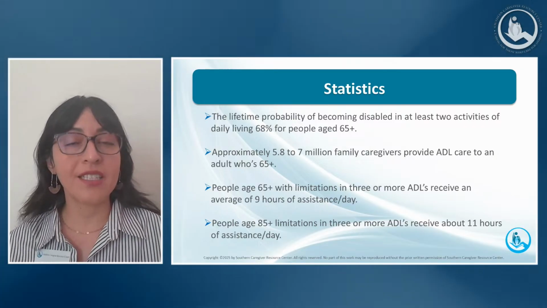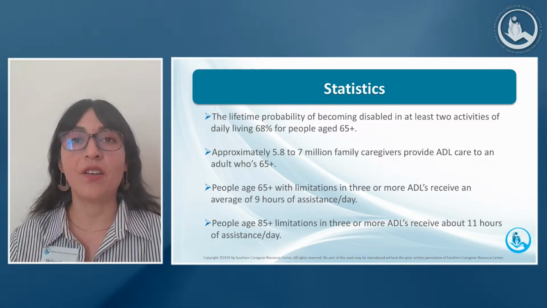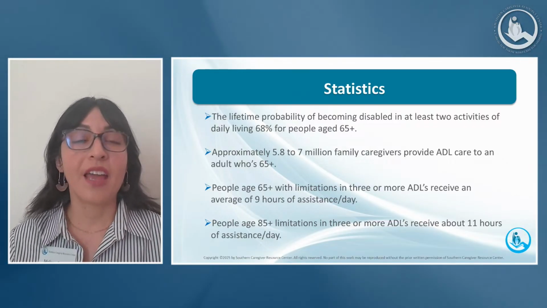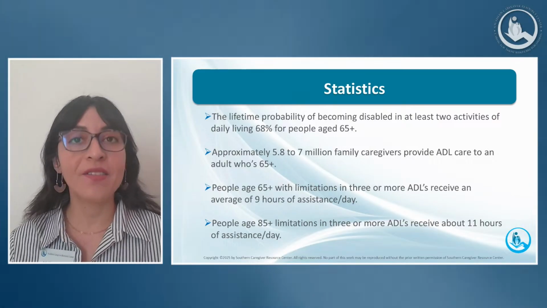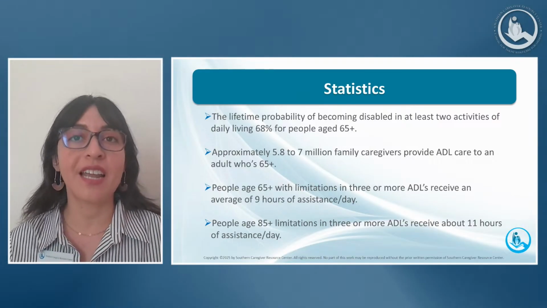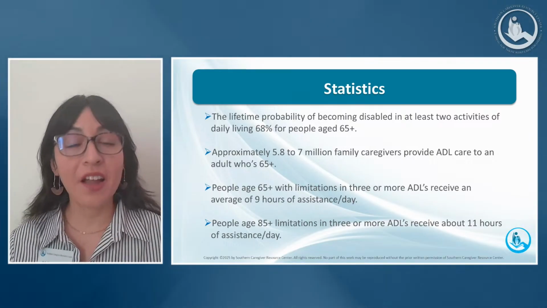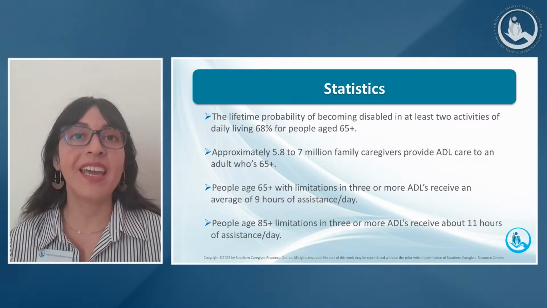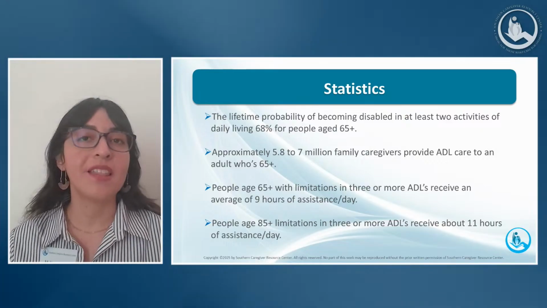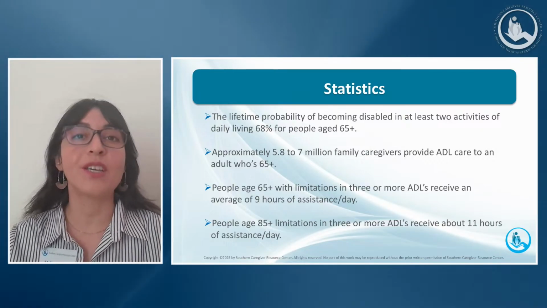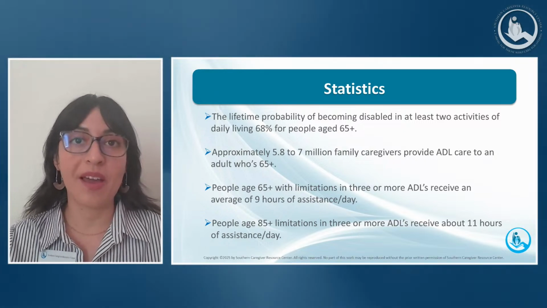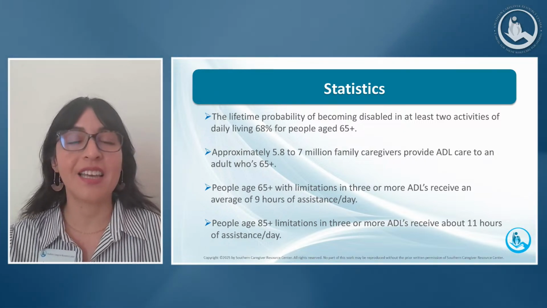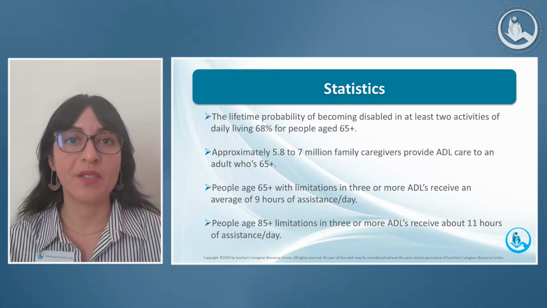So if we are seeing that there's a projection of the population 65 and up doubling by 2030, and we already have millions of family caregivers aiding those care receivers, then we can safely assume that the need for family caregivers is also going to double as the years go by, right? So we can definitely see that projection going up as well.